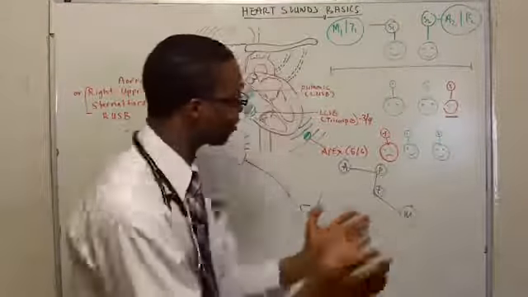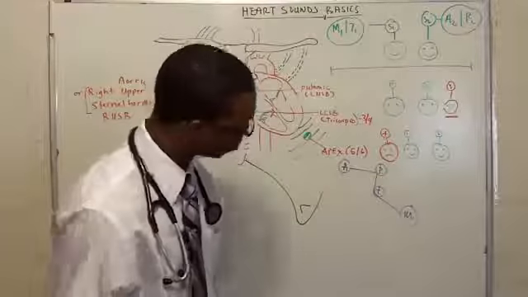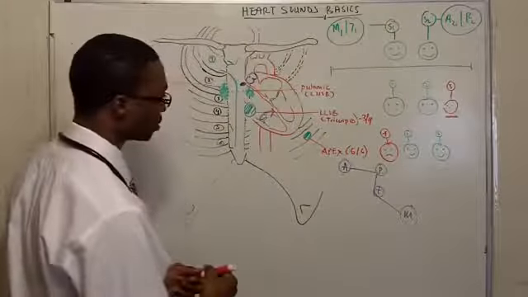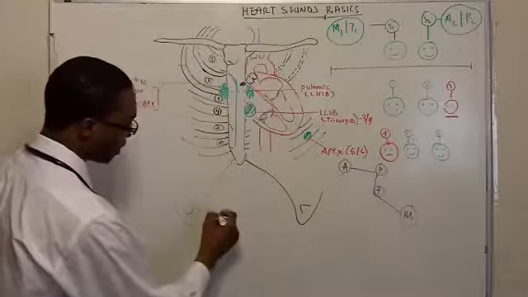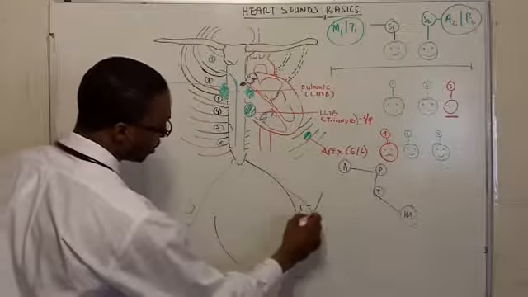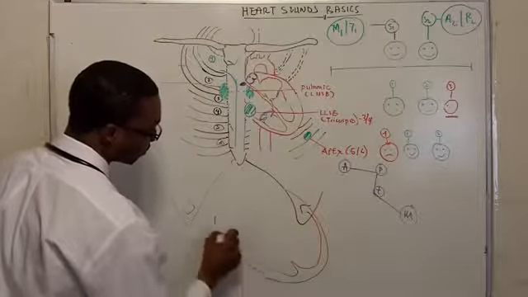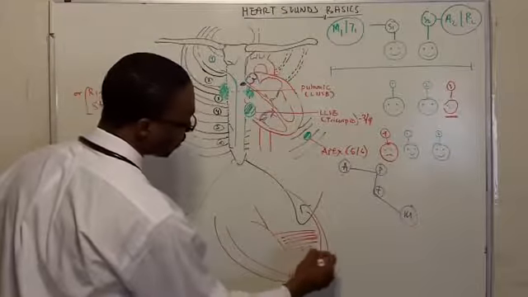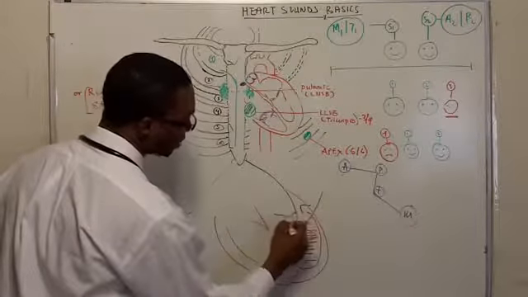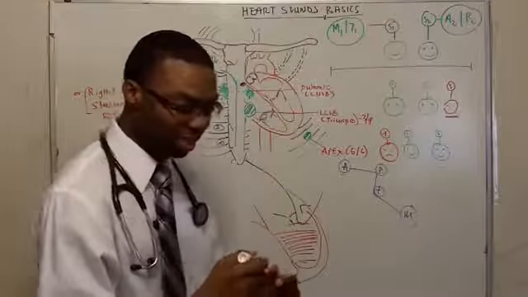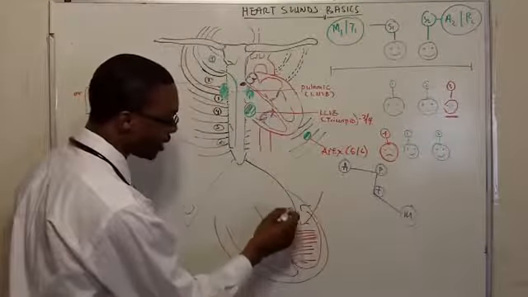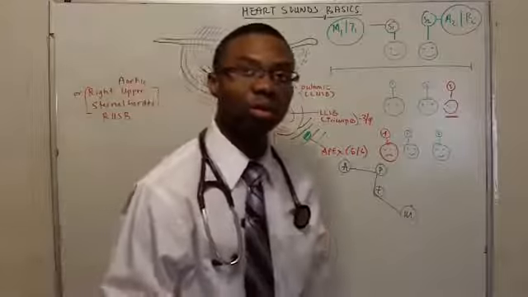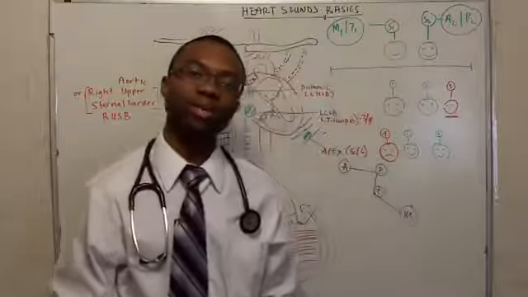So basically when you have a huge ventricle, if this is your heart and it looks this big, and there's just so much blood inside here, it's the oscillation of blood between the atrium and the ventricle. That's usually what causes S3.